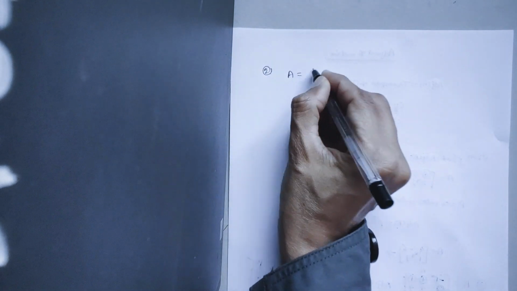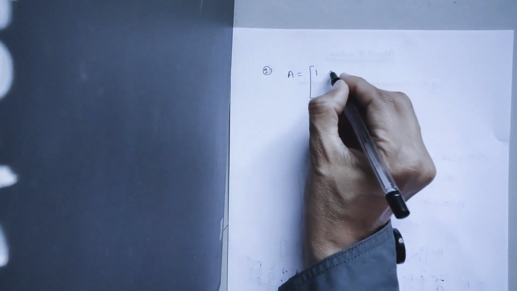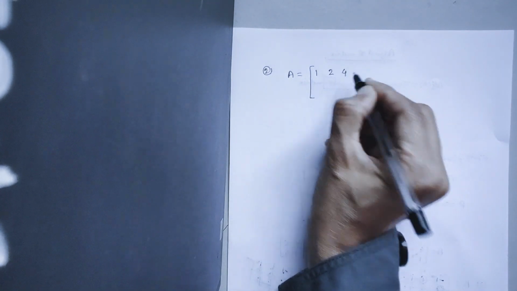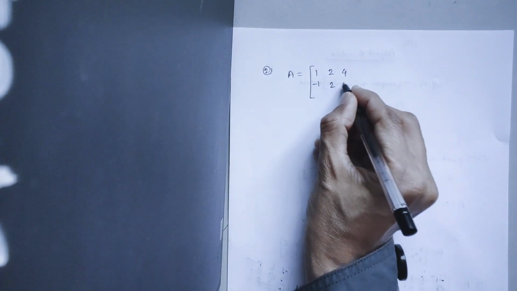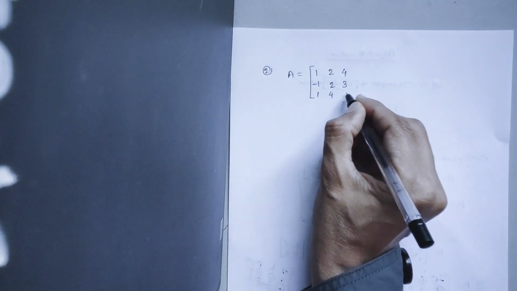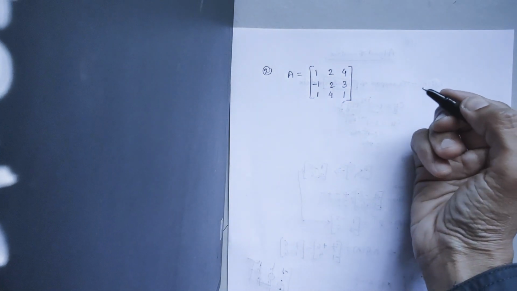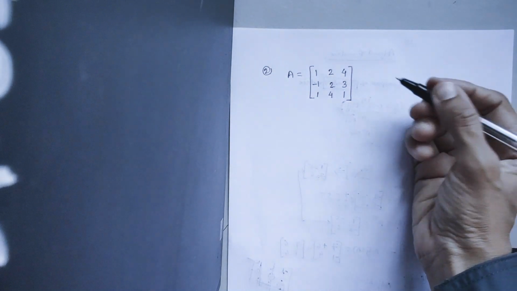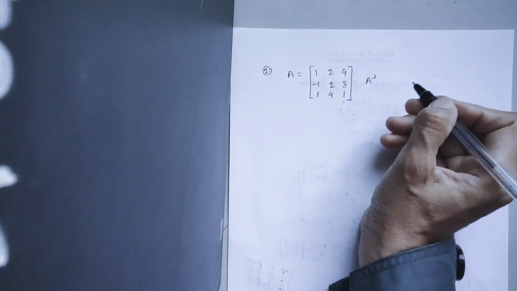A equals 1 2 4, minus 1 2 3, 1 4 1. And we are finding A inverse by the adjoint method.